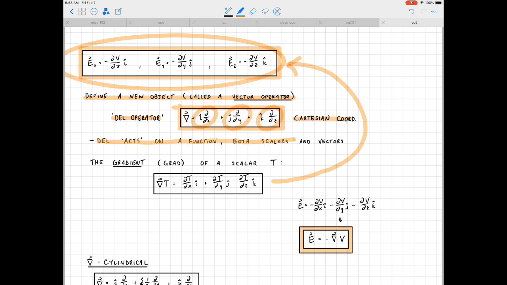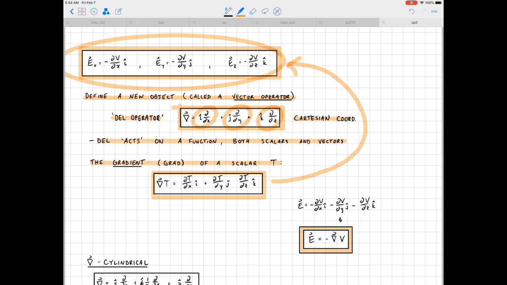Del acts on a function. That function could be a scalar, could be a vector. In this case, with the potential, we've got a scalar function, and so our del operator is going to act on our scalar function, the potential. So the gradient of a scalar function, and this is just any scalar function, so t just represents a scalar function, sort of like a placeholder.